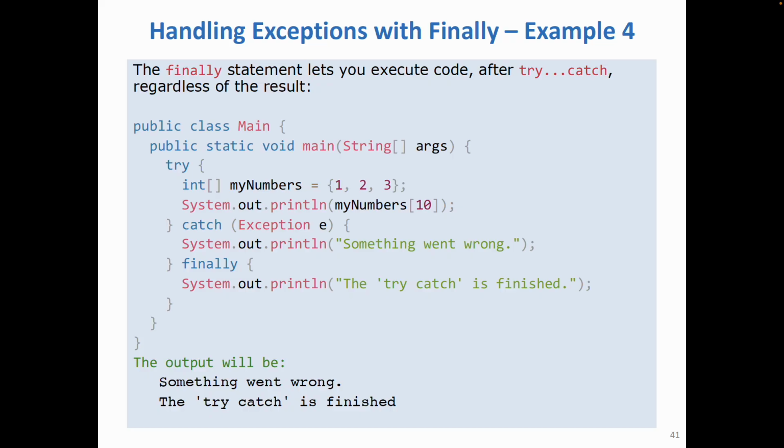Like, there is a fire in your home. Your plan B is to evacuate the building. But even in that case, you should take your kids first. Okay, this is your must. So you cannot just evacuate and leave the kids at home. You should also take them. So finally is the code that you should definitely run whatever happens.